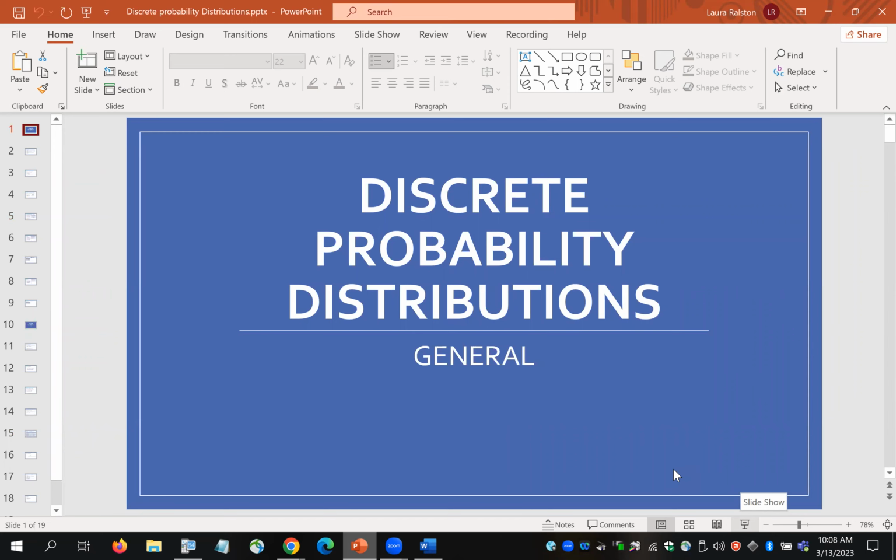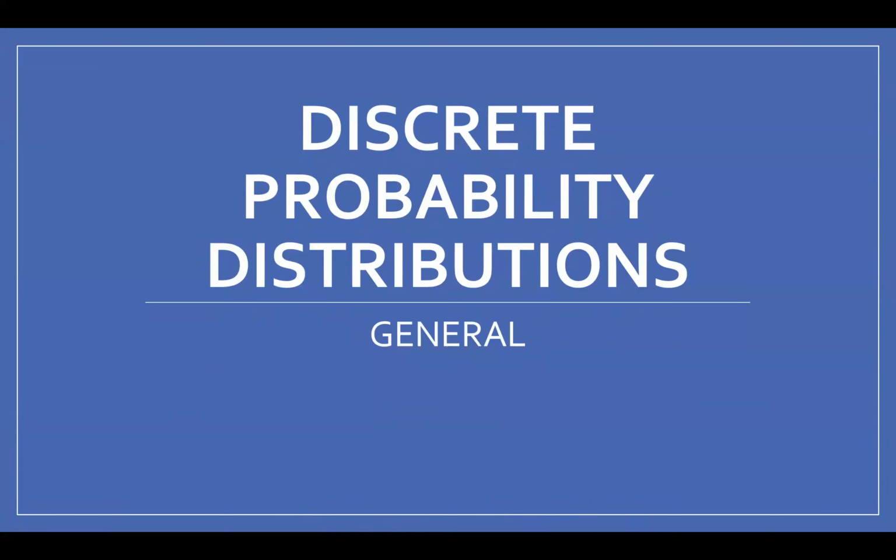Thank you all. So now we're going to move specifically to discrete probability distributions. And we're going to look at two of the different types of discrete probability distributions. Our first focus is going to be just on a general, broad, across the board, discrete probability distribution.